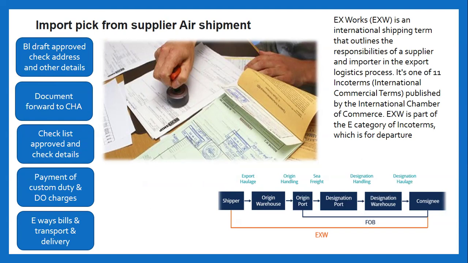If we understand with an example, we are the importer and our import user department requests to import machinery parts from Germany. We appoint a freight forwarder after receiving the information that goods are ready at the supplier end.